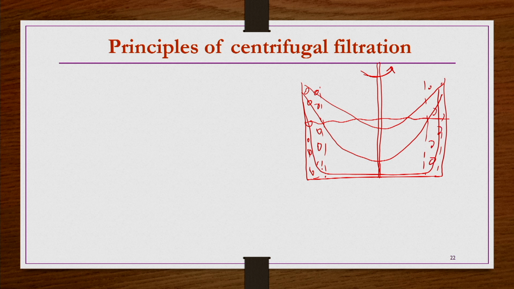The particles would form a kind of cake along the bowl surface, around the bowl surface, and there will be a clear liquid next to it, like this. So, here we have a cake, and here you have the liquid. Now, it is rotating at omega speed, something like that.